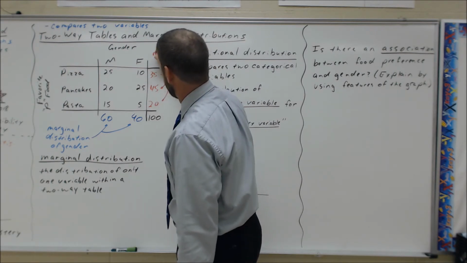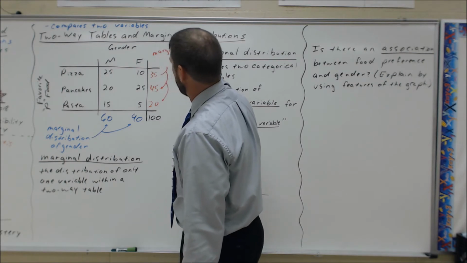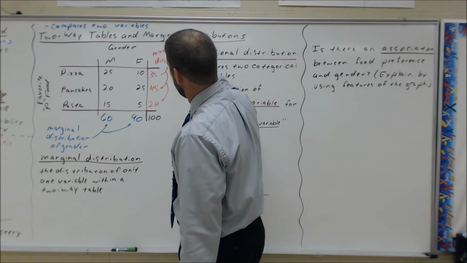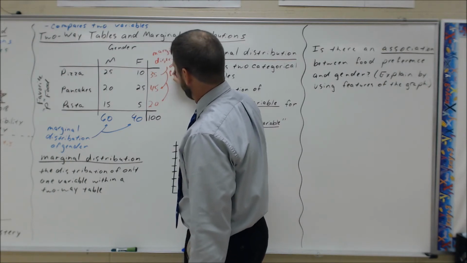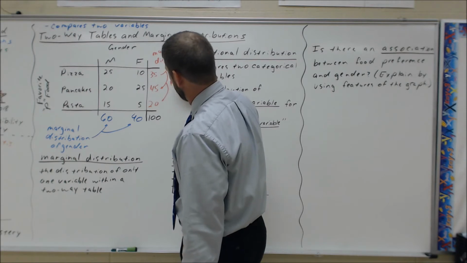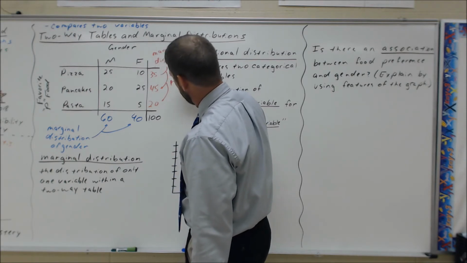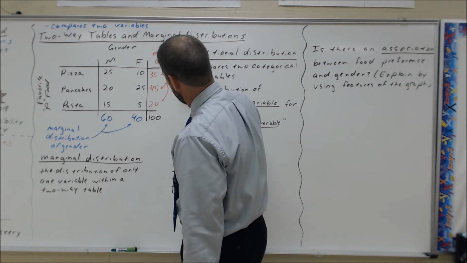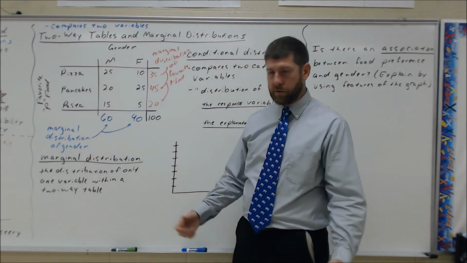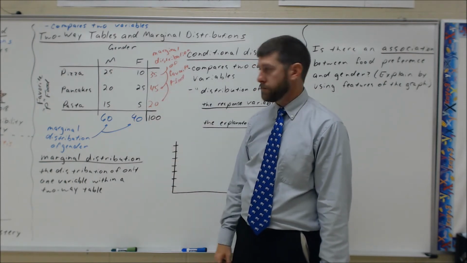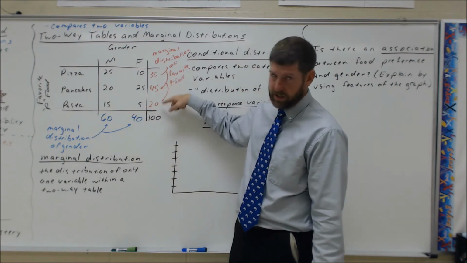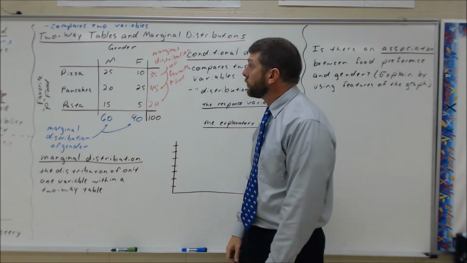So this is our marginal distribution of favorite P food. What were the values? Pizza, pancakes, pasta. How many people responded to each? 35, 45, 20 respectively. We call it marginal because see how it's in the margins of the table? That's where they get the name.